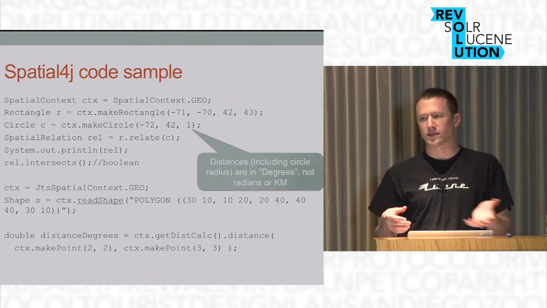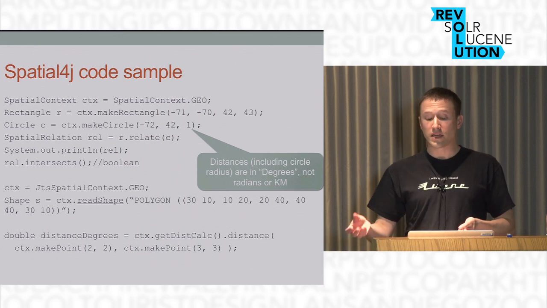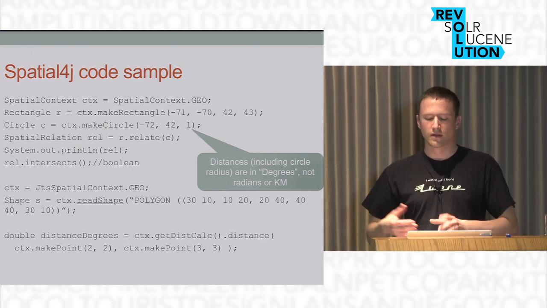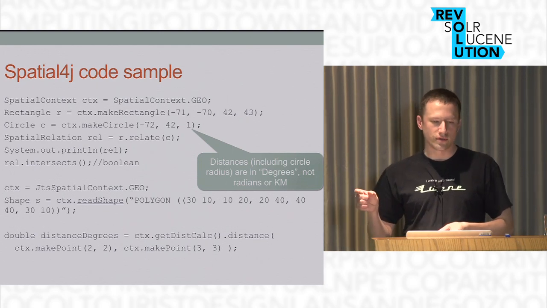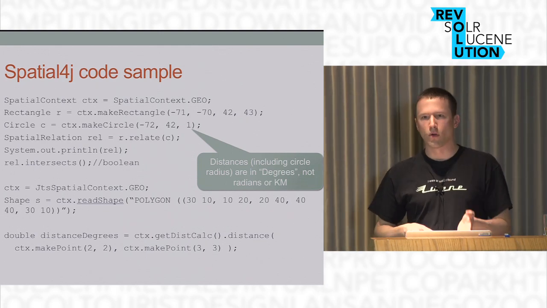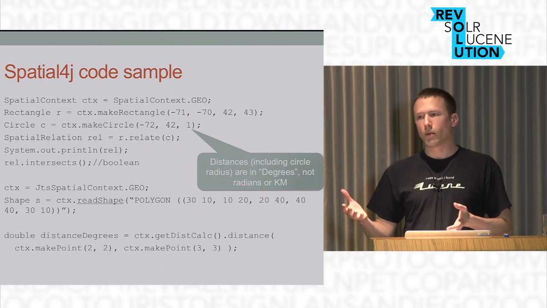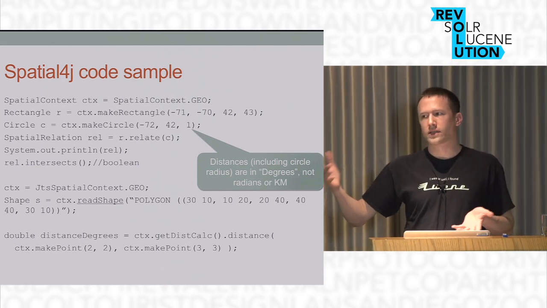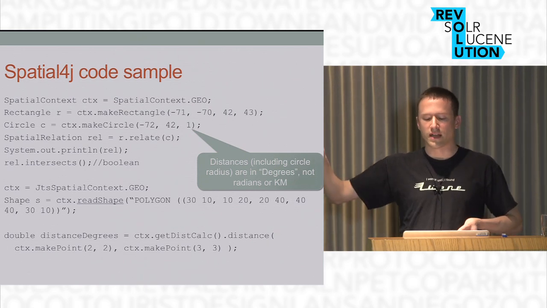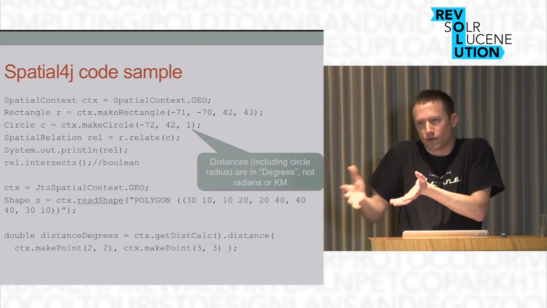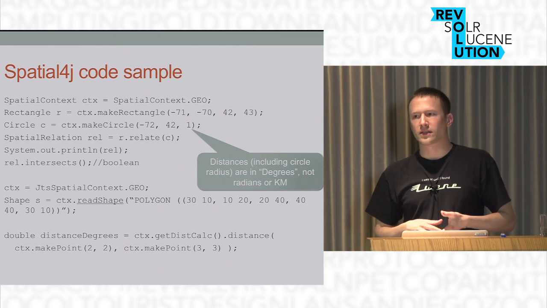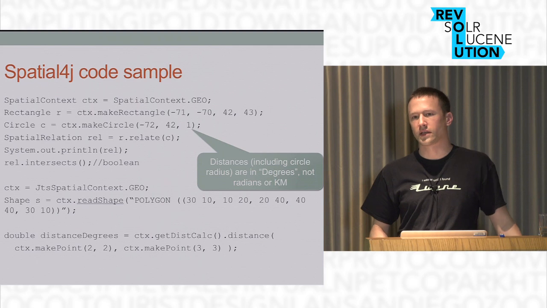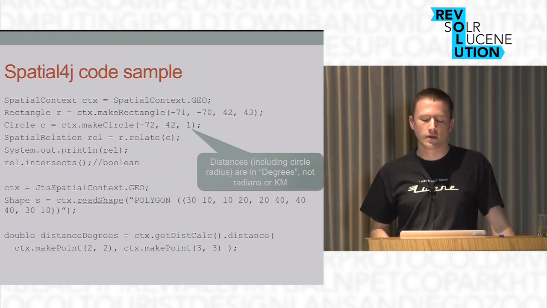The nice thing about saying it's degrees is that if it's Cartesian, the units are basically on the same plane as the x and the y. If it's degrees based, well, latitude is degrees, longitude is degrees. Granted, I know one degree of longitude at the pole is not the same as one at the equator. I'm aware of that. But the numbers are in the range between 0 and 180. So the nice thing about using distance in those terms is that the numbers are all within that same kind of space, and you just use a simple constant to multiply it to get kilometers or radians, whatever you might want.